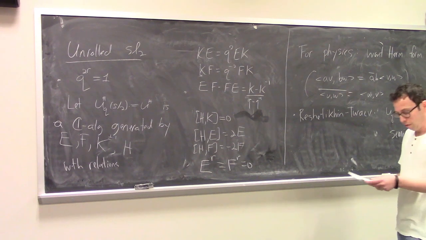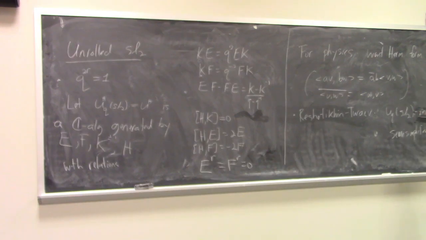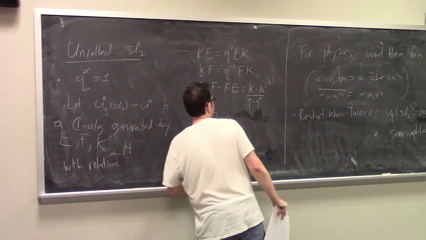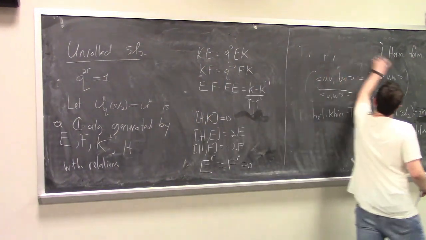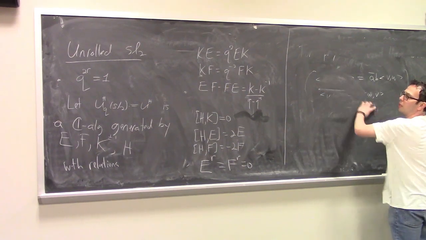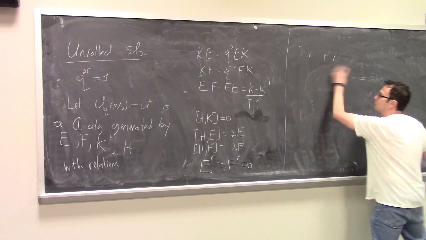This is a definition of the quantum group which gives rise to the categories used for topological invariants. Now some more definitions. I'm going to be talking a bit about the representation theory of this algebra.